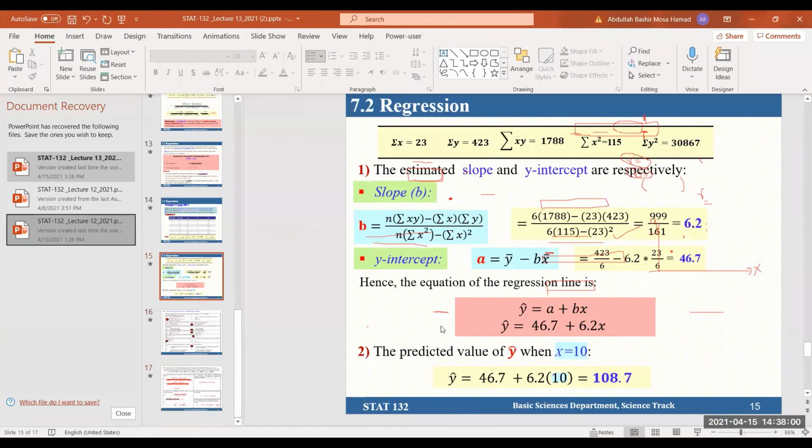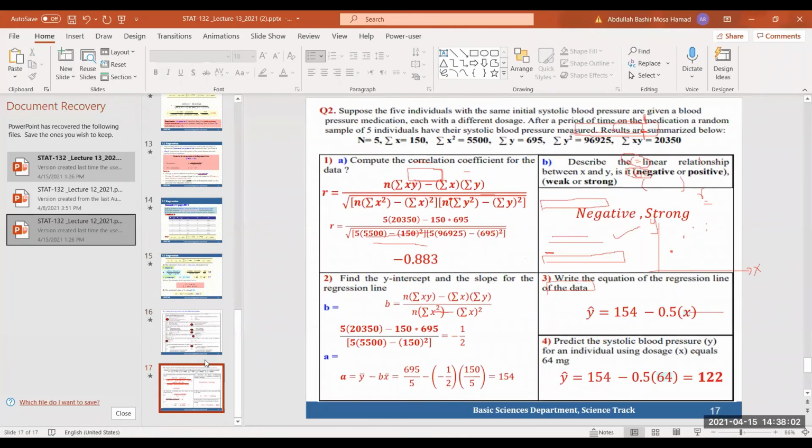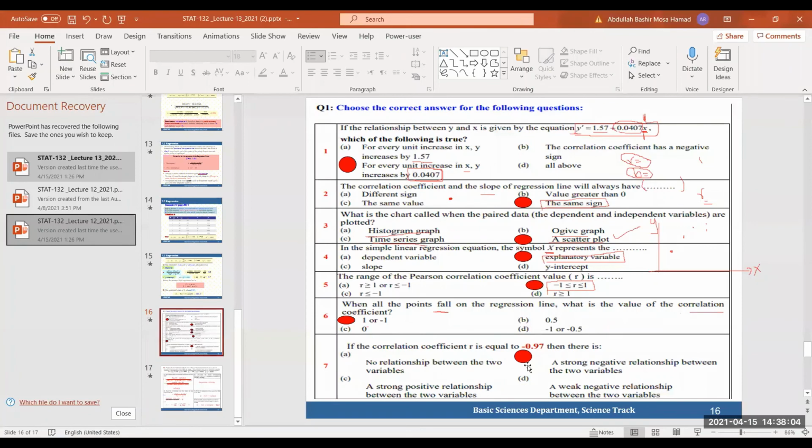So let's move to which one? 7. Correlation coefficient R is equal to -0.75. This means what? Is it positive, negative, strong, weak, moderate relation? Strong negative relationship between two variables.